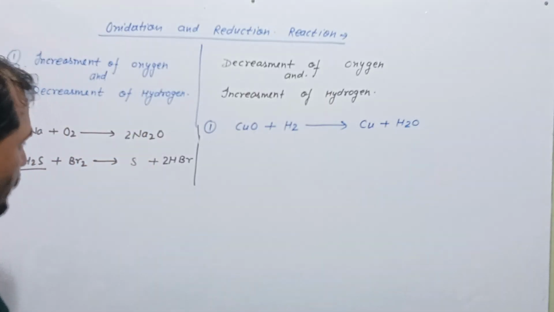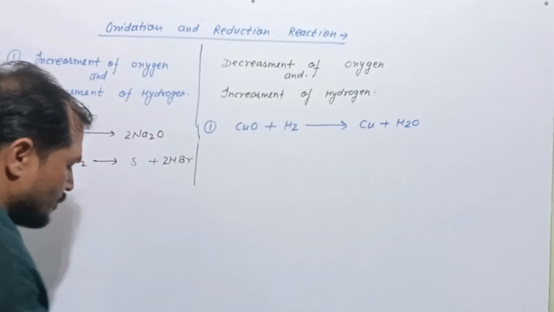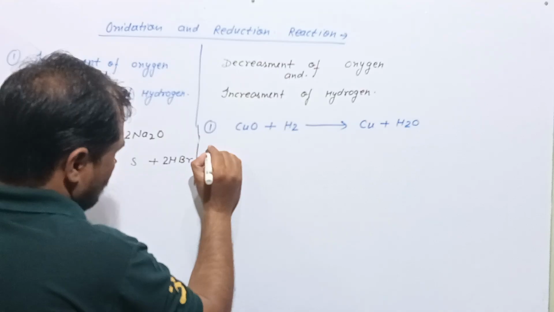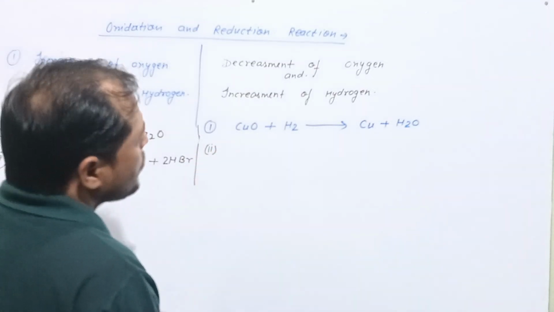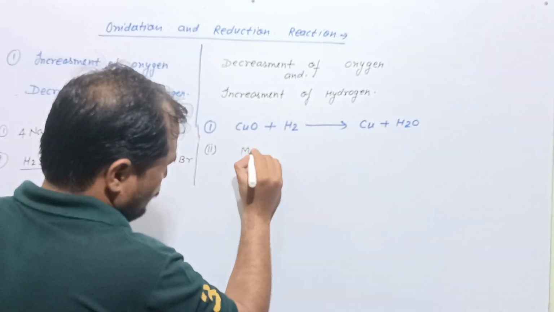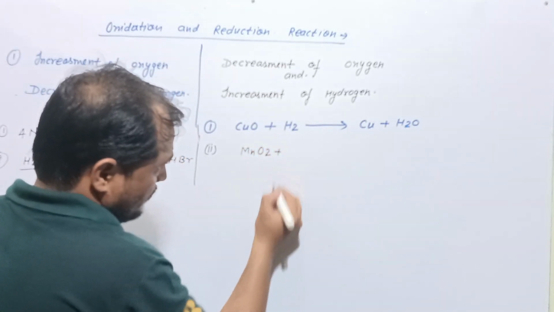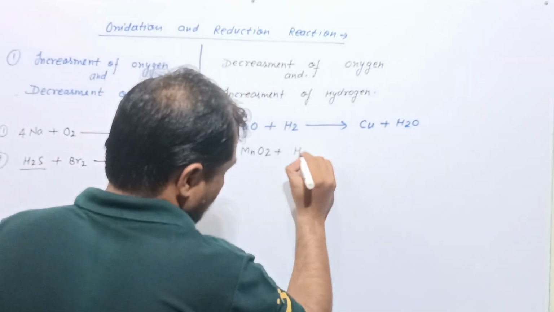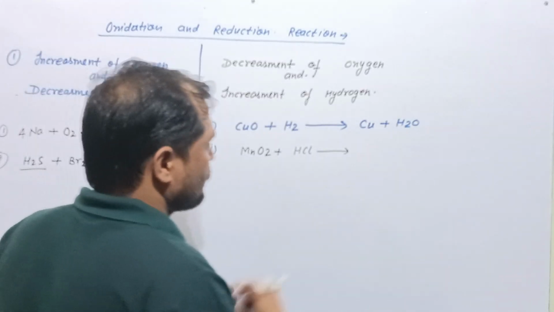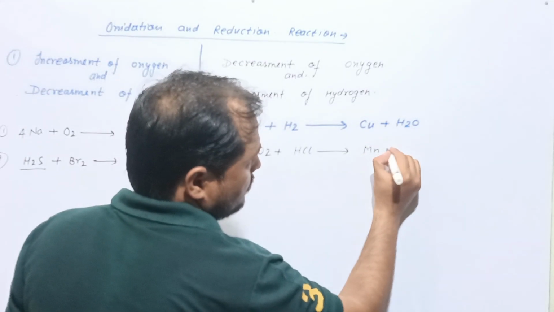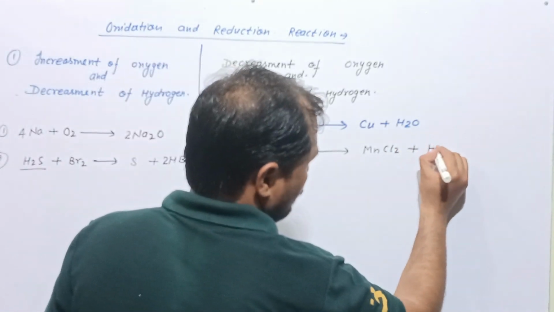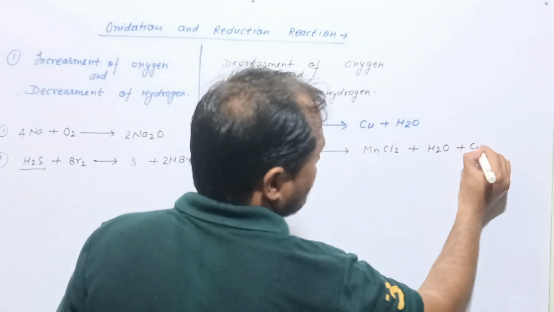Let us take another example. Second example: MnO2 plus HCl. It provides the product MnCl2 plus H2O plus Cl2.